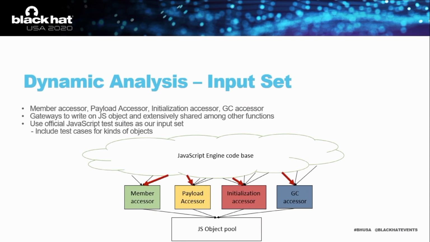Those accessor functions work as gateways to write on data objects and are extensively shared by other components. Therefore, we only need to find those accessor functions, and we believe that the extensive test cases on every kind of data object will cover them. That's why we decided to use the JavaScript test suite, which satisfies our requirement, and we're going to show that our assumption is correct in our coverage analysis.